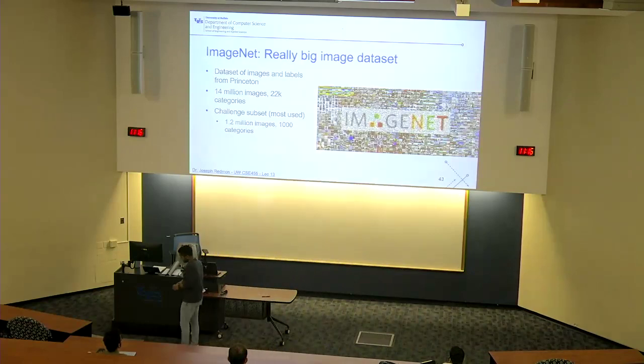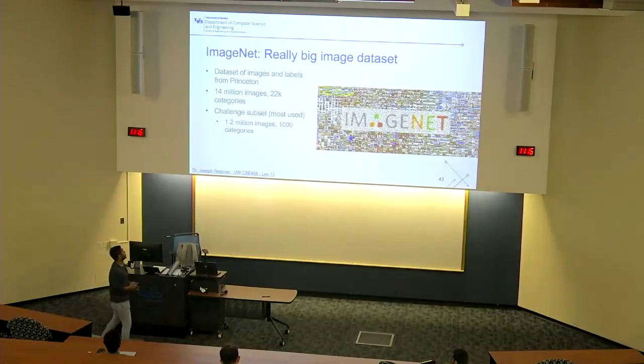The other big milestone that really drove computer vision forward was ImageNet. And this is a bit deceptive because when you hear the word ImageNet today, if you didn't know what it was, you would think that it's a neural network architecture, but it's not.